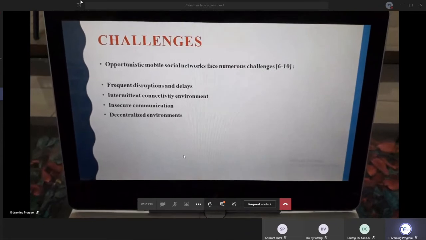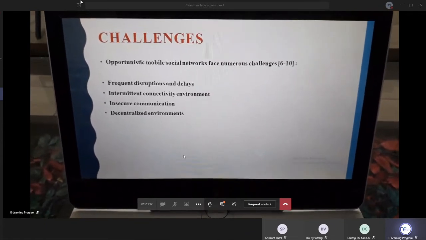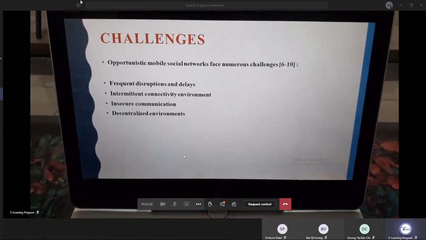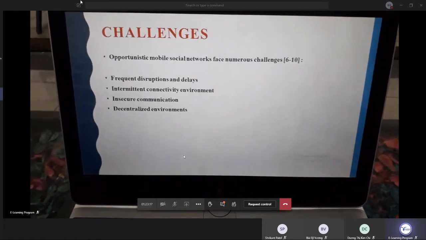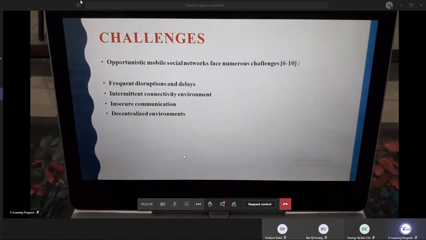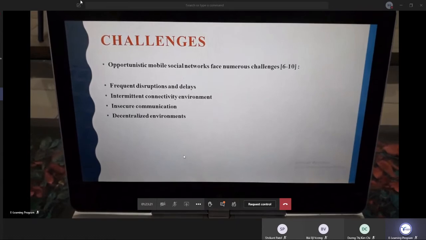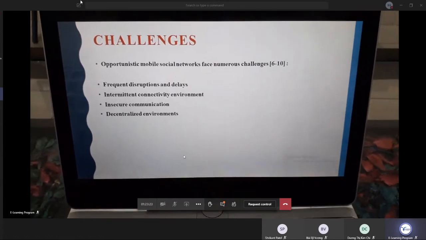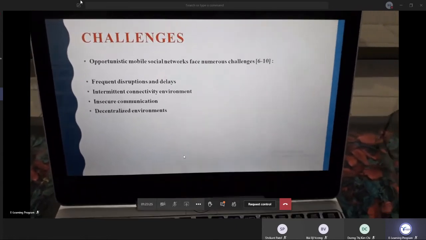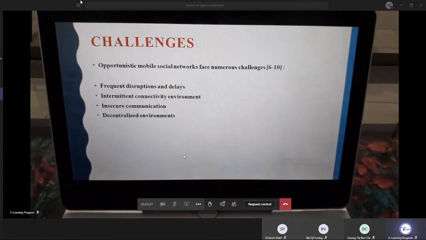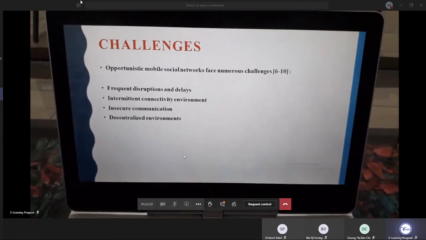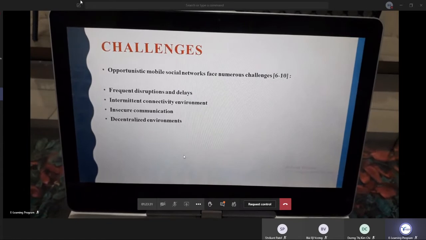These are some challenges to providing routing in opportunistic network. There is no secure communication from source to destination. It does not use any centralized environment.